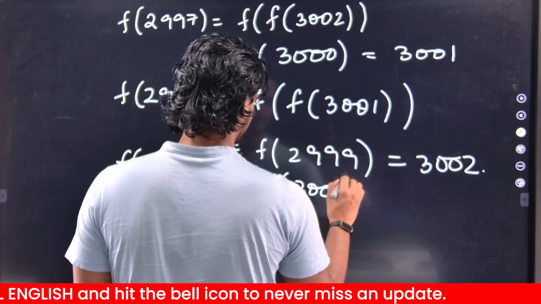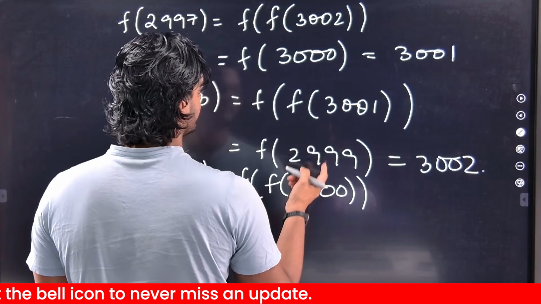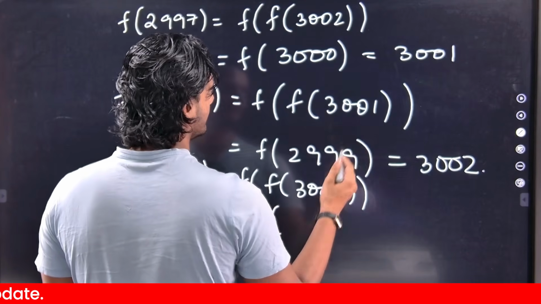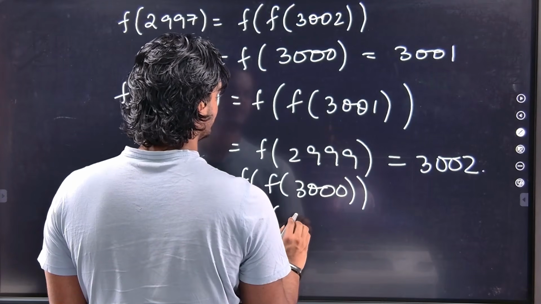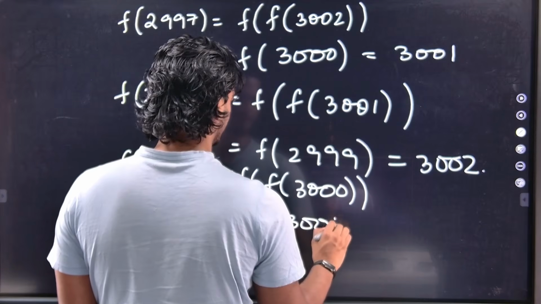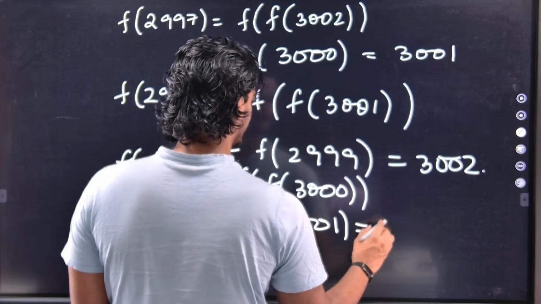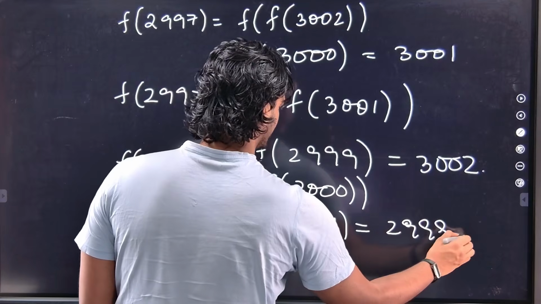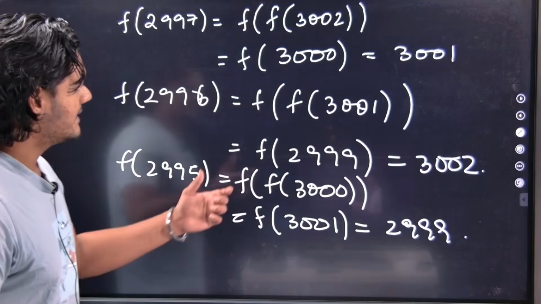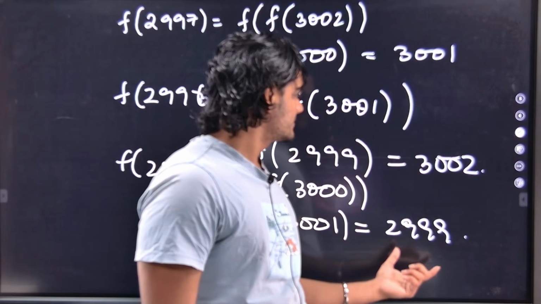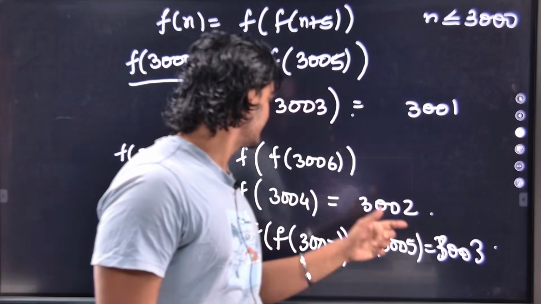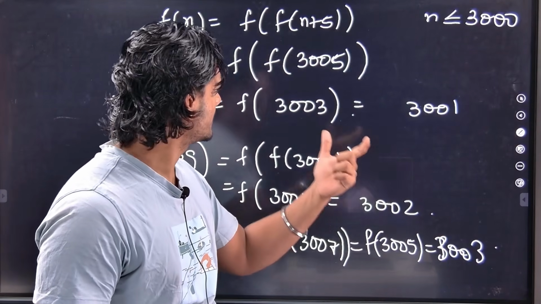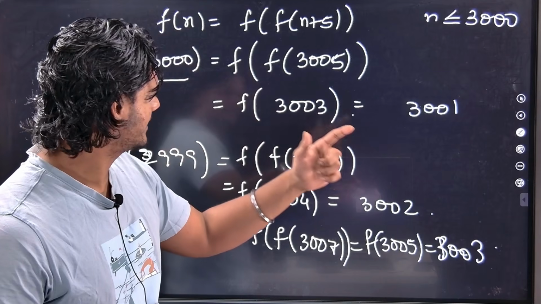What was f of 3000? 3001, and that was f of 3001 was 2999. So you see 3001, 3002, 2999. These things will repeat. 3001, 3002.